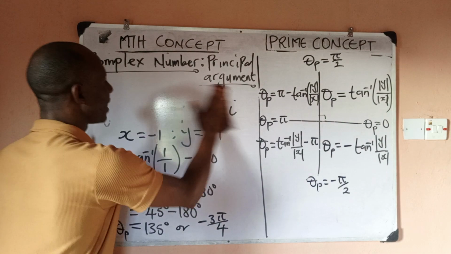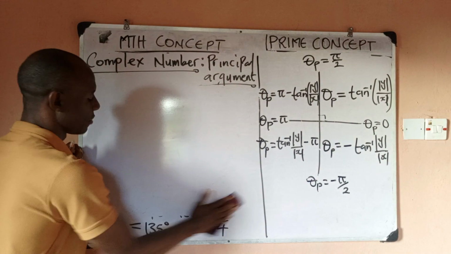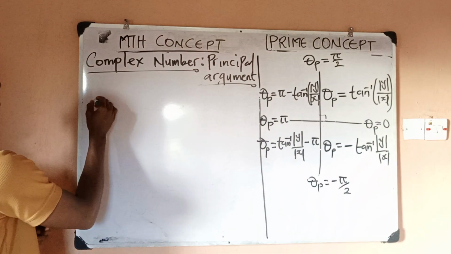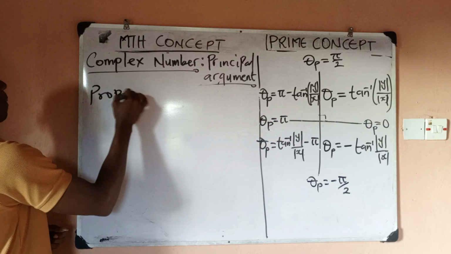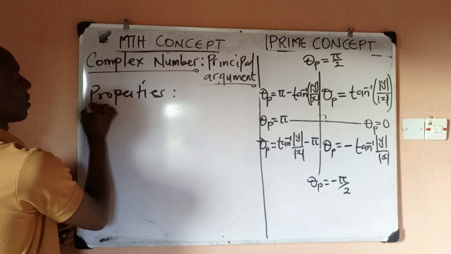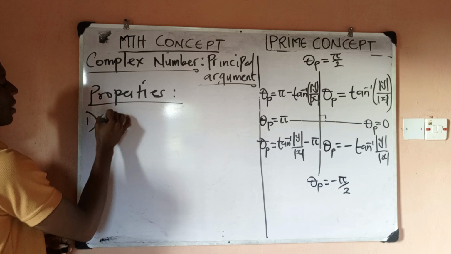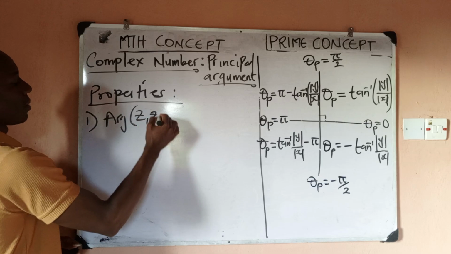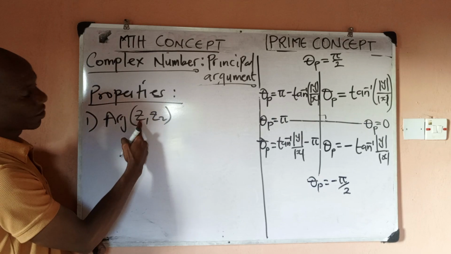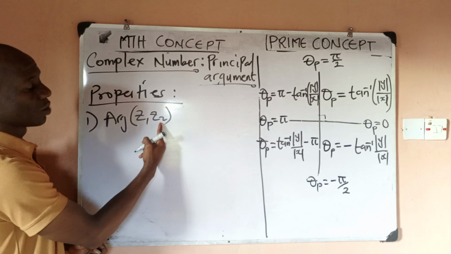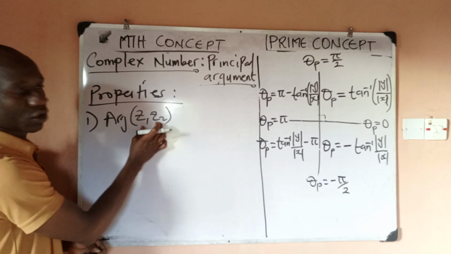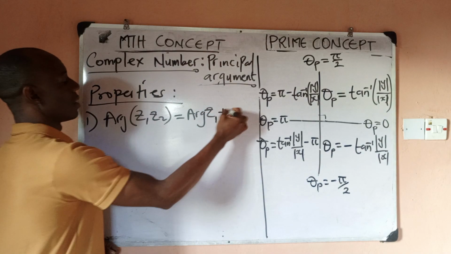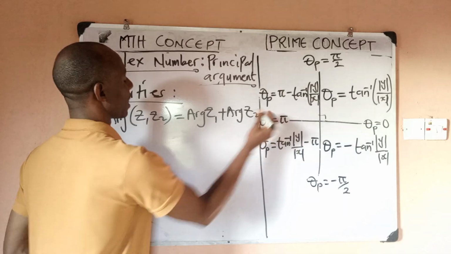So finally, I want to give two major properties for argument. Number one is that if you multiply two complex numbers, say complex number 1 and complex number 2, then the argument of their product is going to be the same as the argument of the first one plus the argument of the second one.